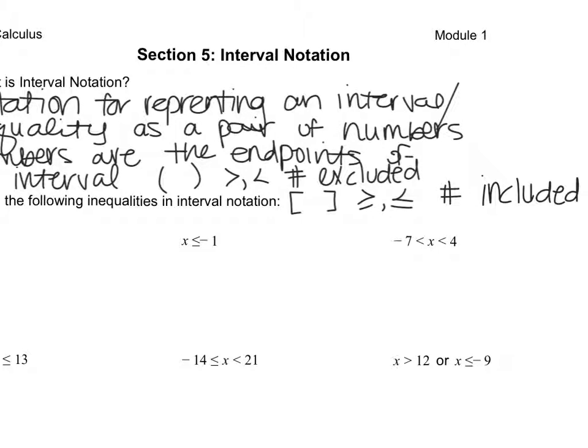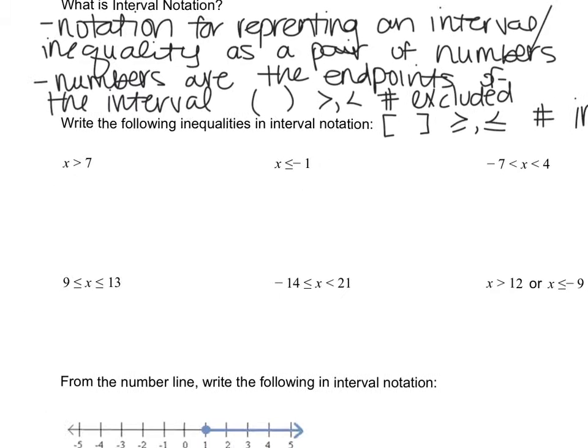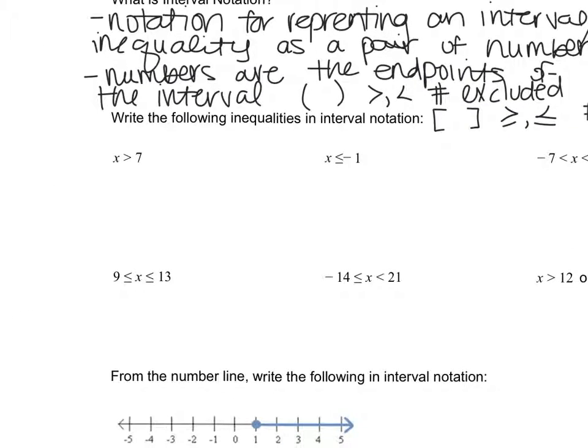So let's take a look at some examples. There's a lot of different types of inequalities you may see and need to know how to write them as an interval. So the first is just a regular inequality, such as x greater than 7. So we want to write the interval that represents every possible number greater than 7. So I would start at 7 because it is greater than, and there's really no endpoint for numbers, which means it would go on to infinity.